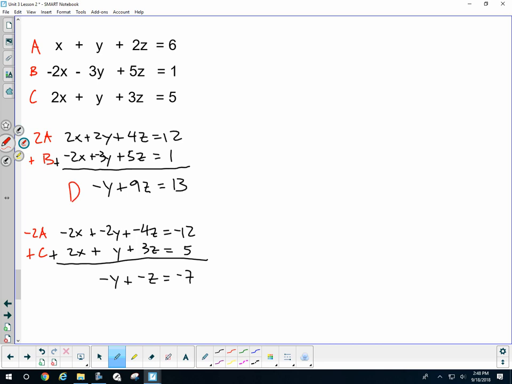That creates equations D and E. And let's work with D and E. Multiply this guy by -1. Create opposite y's.